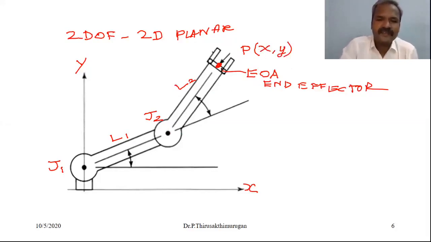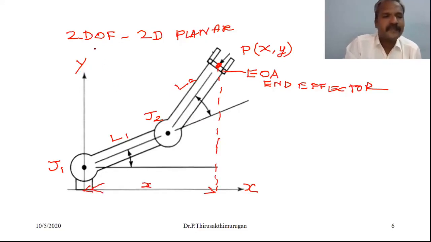So from this point to this position, this value is X. Similarly, between this position and this position, this value is Y. Let us consider the present.